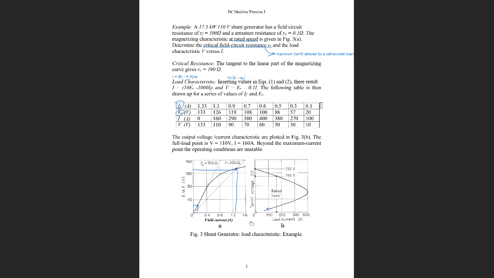In practice, when you adjust the field current, the terminal voltage will change, and the terminal loading levels will change also. Anyway, this is not a straight line, this is a curve. You may take some time to digest this.